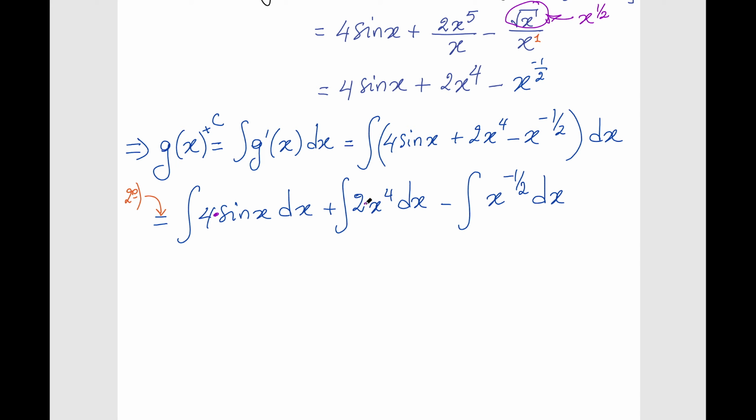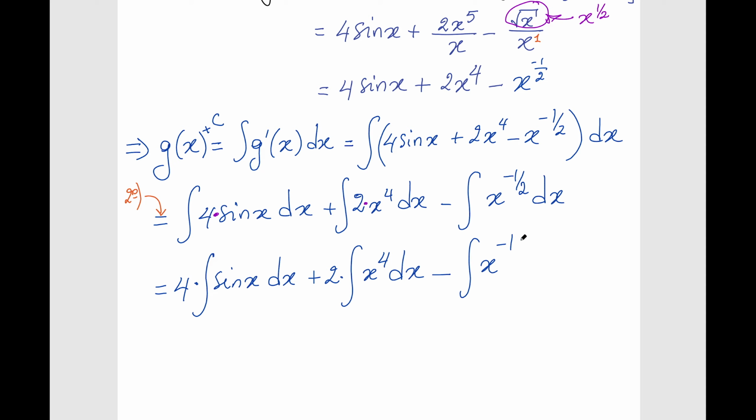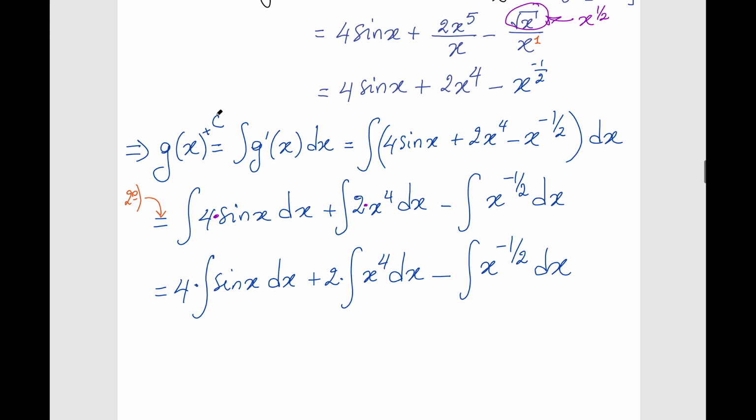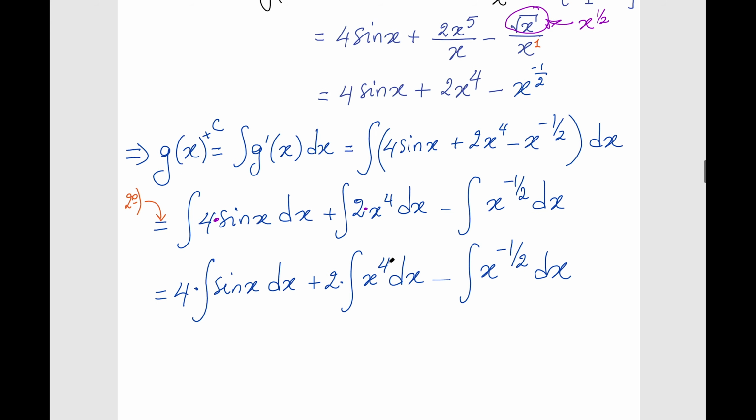Do you see that this 2 is a multiplicative constant? By property 1, I can also push it outside. Now what do we get? We get 4 times the primitive of sine x dx plus 2 times the primitive of x to power 4 dx minus the primitive of x to power negative half dx. Correct? So that g that I'm looking for is like this, right?